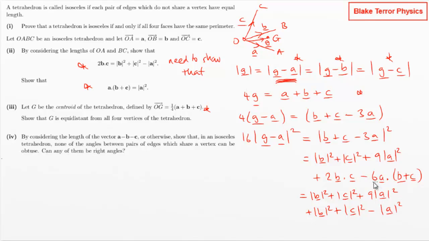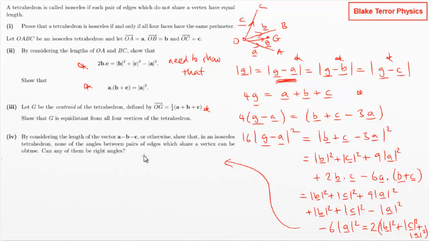Then I've got 6 lots of this, so minus 6 mod A squared. So that is 2 lots of B, 2 lots of C, and 2 lots of A. Excellent. So I've got 2 lots of mod B squared plus mod C squared plus mod A squared. That's good, and that fits with the idea of it being by symmetry.